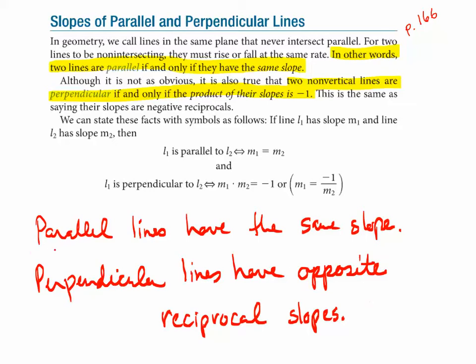And of course the parallel lines, that's the easy part. You know, once you know one slope, you know the other. That's not really anything to work with. But let's work with the perpendicular lines here. How do you get an opposite reciprocal, or how do you get a perpendicular slope if you know one of the slopes already?